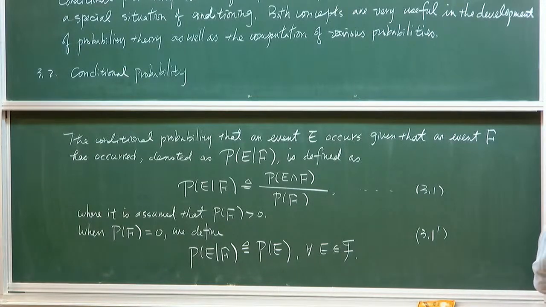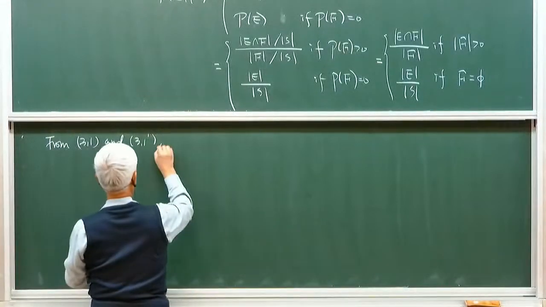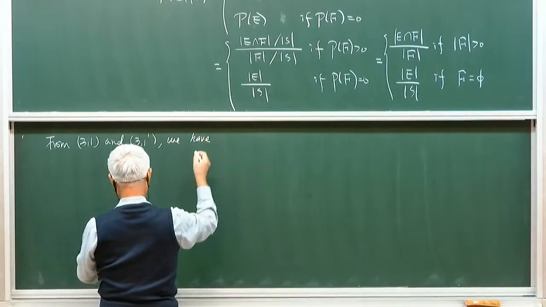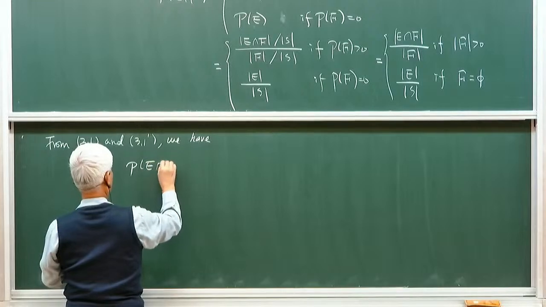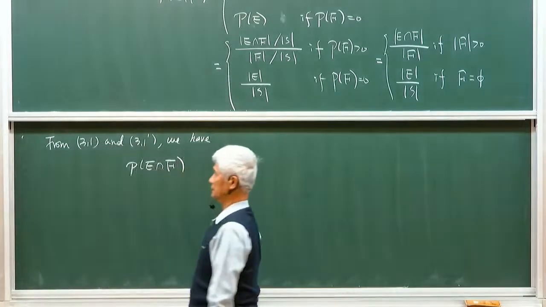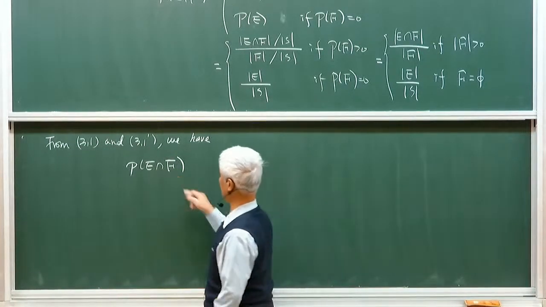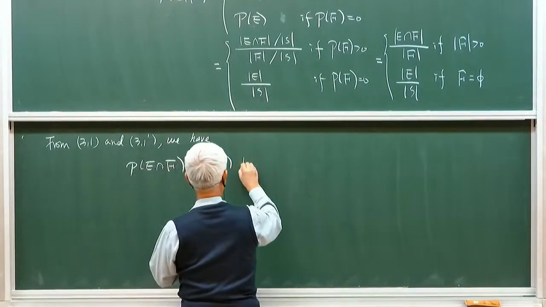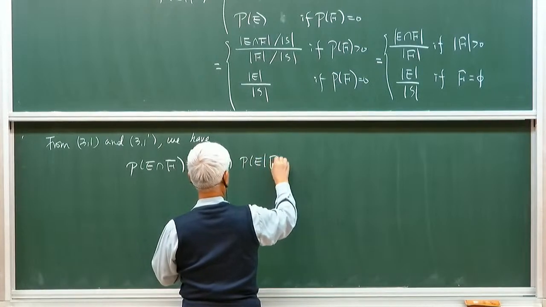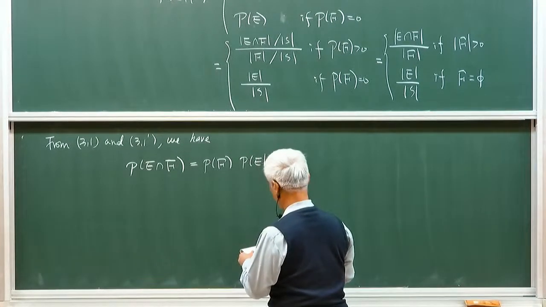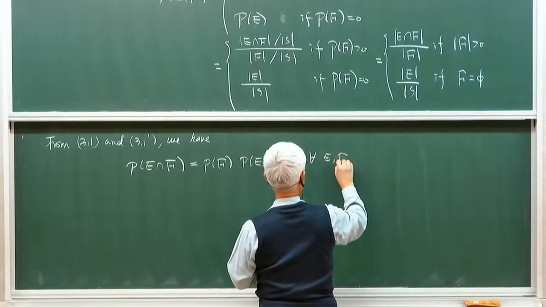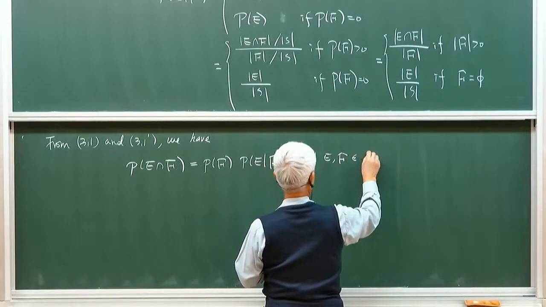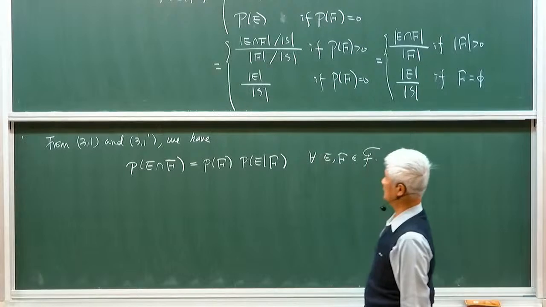Now from 3.1 and its companion 3.1 prime, we have that the joint probability of E and F is equal to probability of F times the probability of E given F, for any E and F in the sigma algebra.